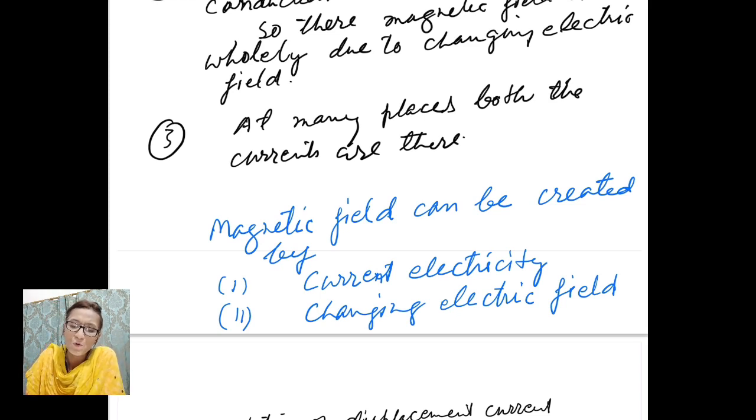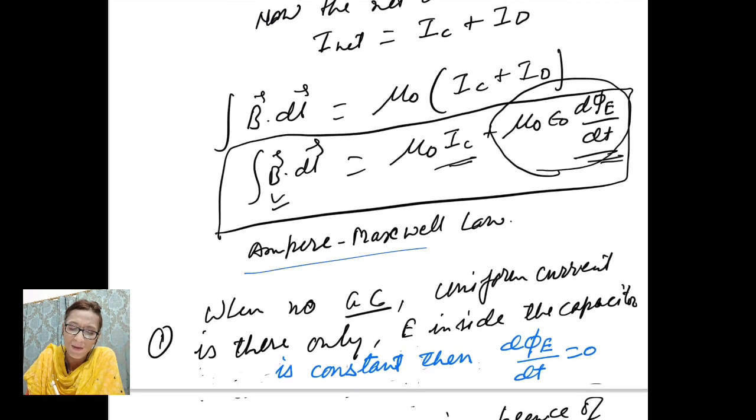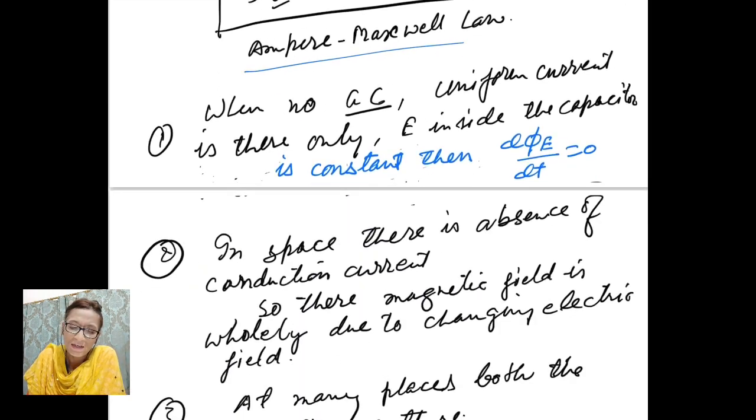So now it is proved that from Faraday's law it was proved that a time-changing magnetic field creates an electric field, and now from Maxwell's Ampere law, it is proved that a time-changing electric field also creates a magnetic field. So this is how you can define electromagnetic radiation.